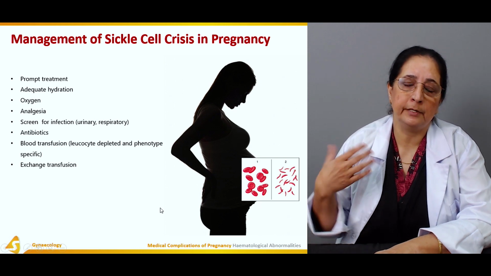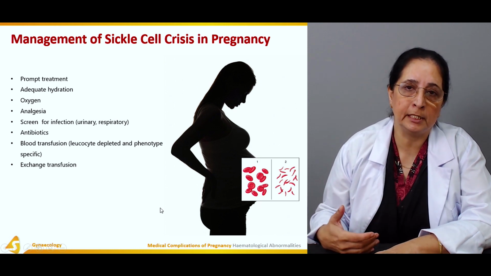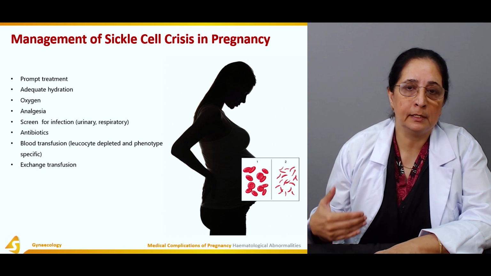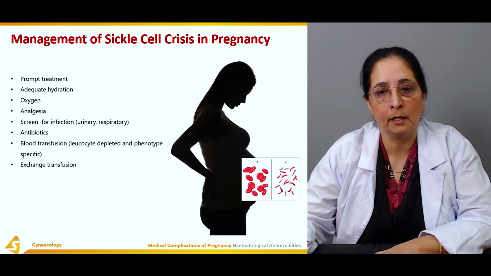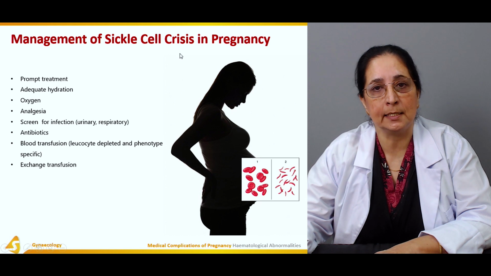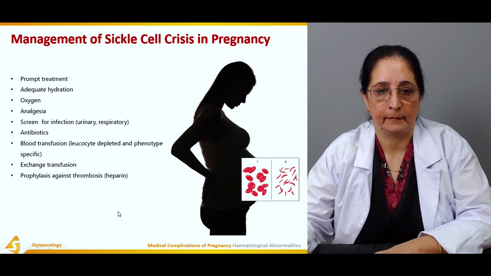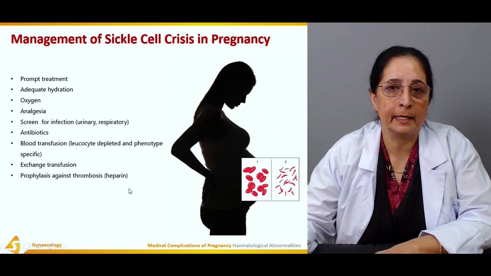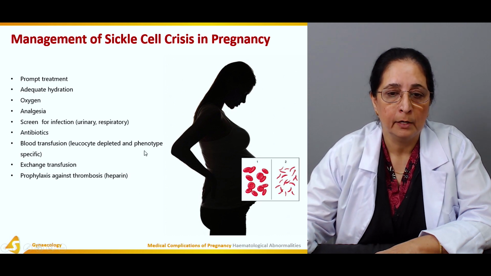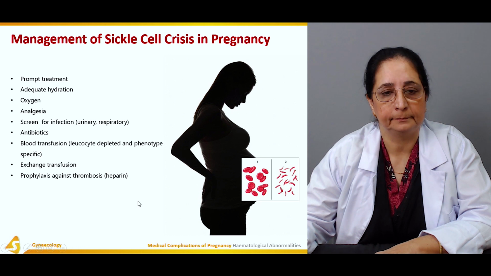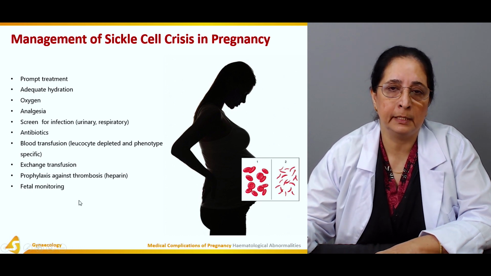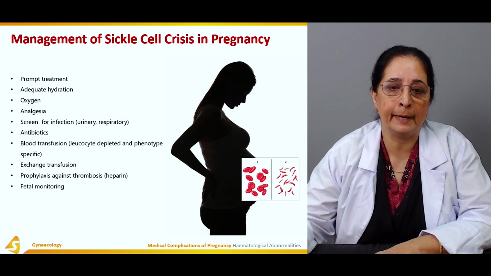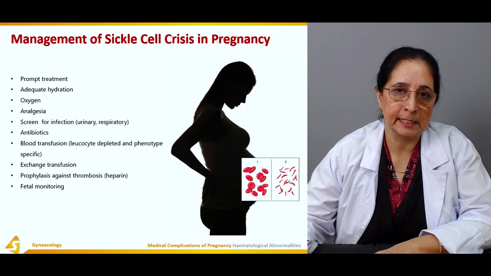So all these are the different management strategies for patients with sickle cell anemia or sickle cell crisis in pregnancy. Prophylaxis against thrombosis, like heparin, which is a blood thinner, should be given. Fetal monitoring for the assessment of fetal well-being is very important during the crisis.